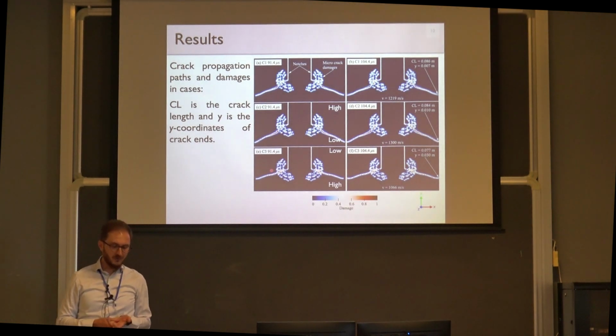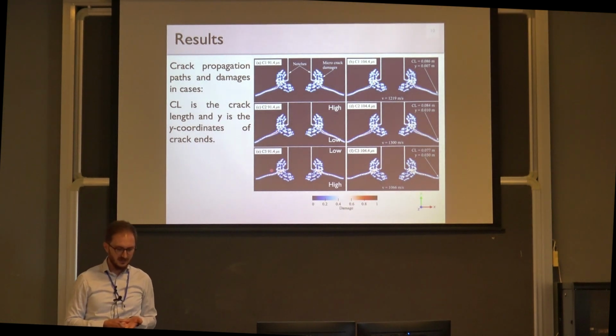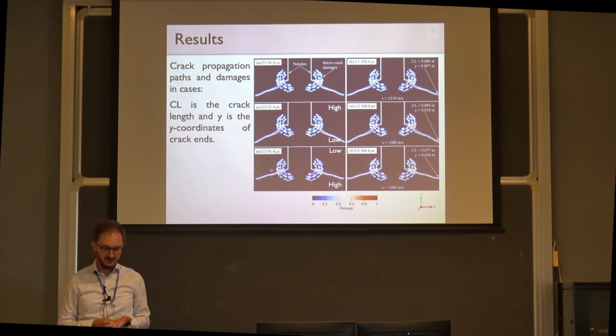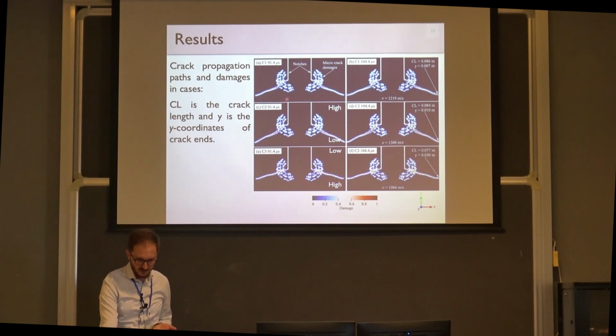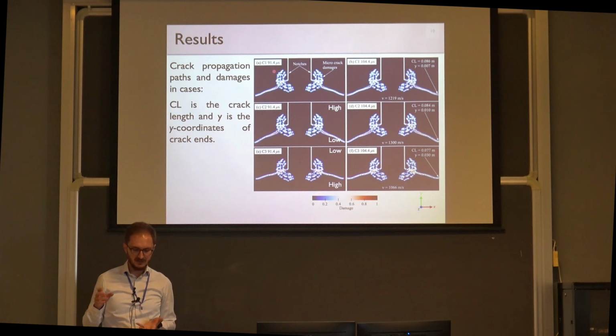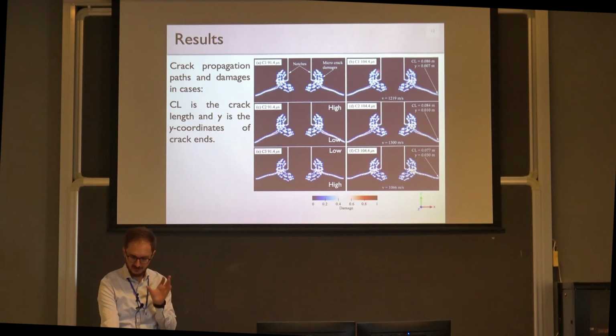These are our first 3 cases, the crack propagations of cases 1, 2, 3. I present you the moments at 91 microseconds and 104 microseconds as snapshots from the results.